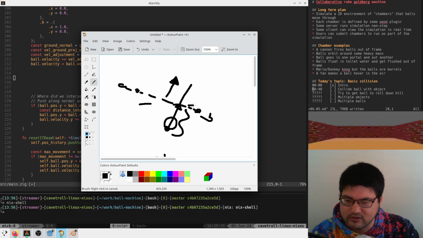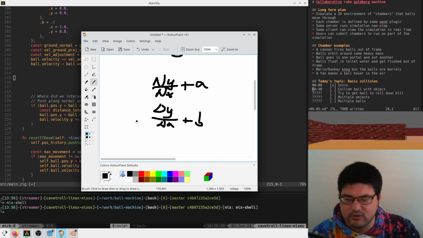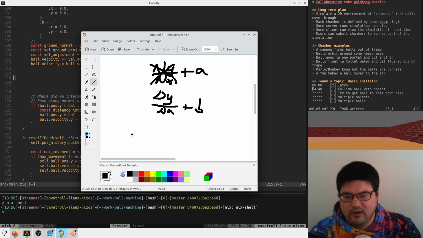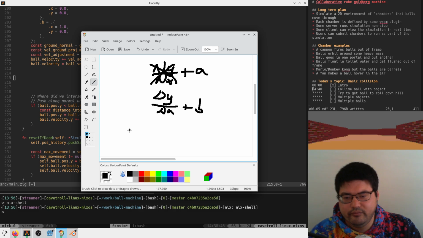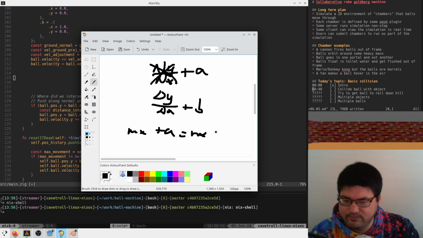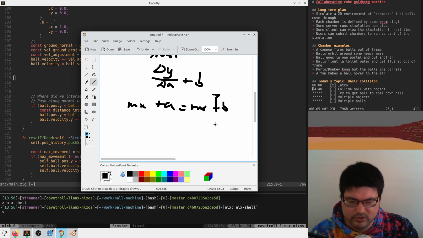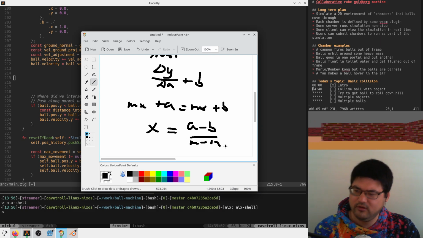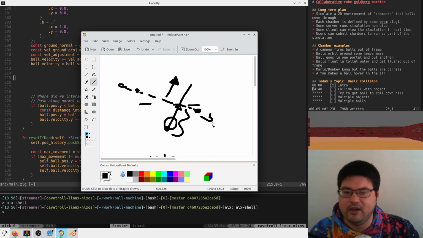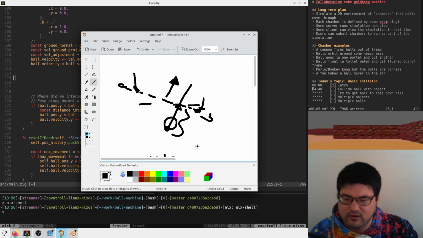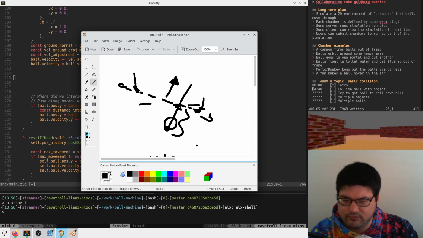And the y position where these intersect will be when these two things are equal. So let's fold these into slopes: mx plus a is equal to nx plus b. And then if you want to resolve x from this, x is equal to a minus b over m minus n, I think. And then you can just check if this x is within the bounds of this. That sounds reasonable to me.